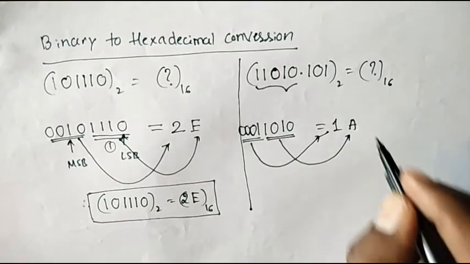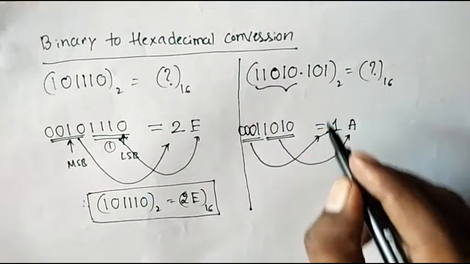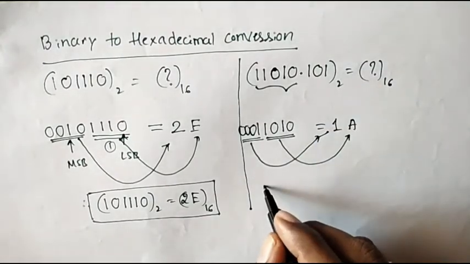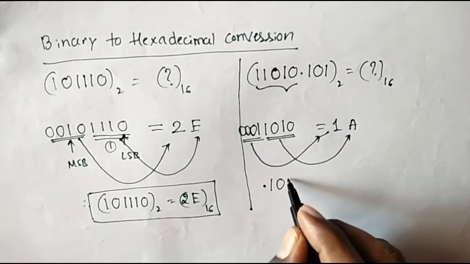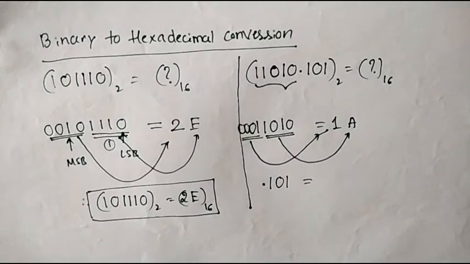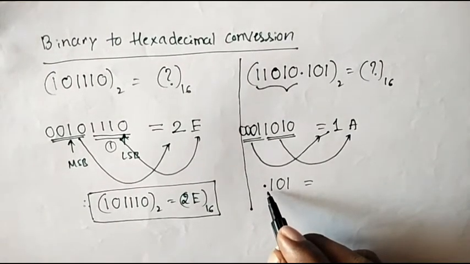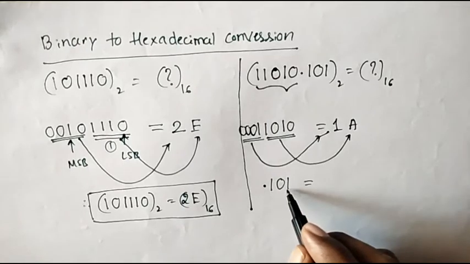is A. Now let us consider the fraction part, that is 0.101. Here also do the grouping of 4 bits starting from the decimal point. Here there are only 3 bits.